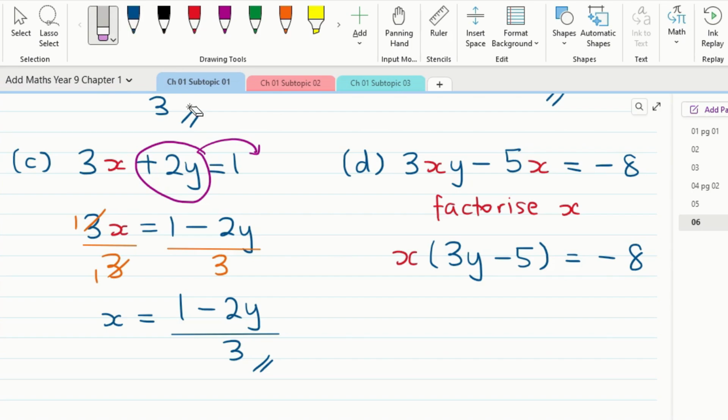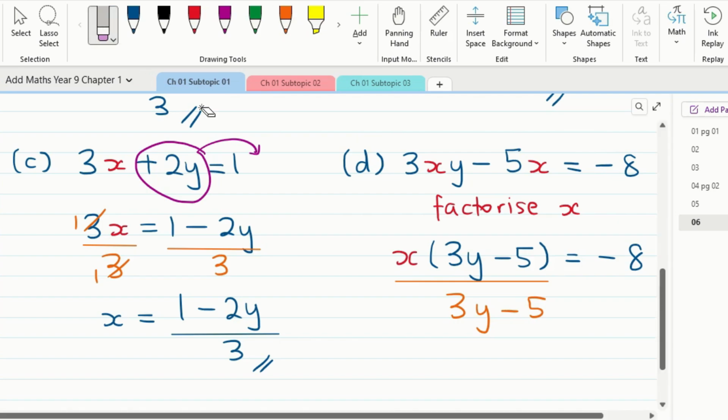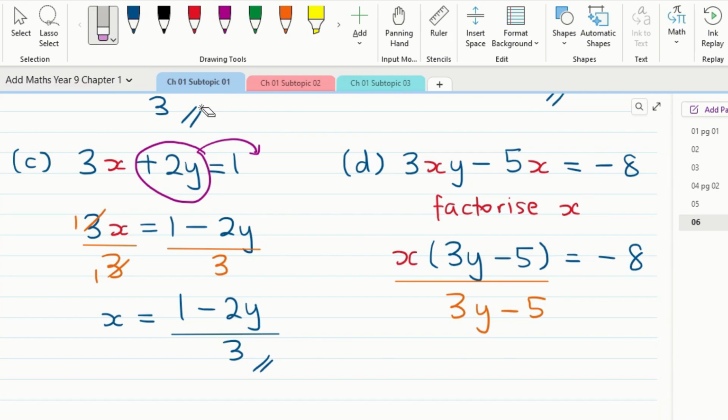Now, in this one, x bracket 3y minus 5 equals negative 8. So for this one, you can actually divide an expression like this, because this is like a factor, meaning this part is a factor of x times 3y minus 5 as a whole. So this is a single factor in algebra.